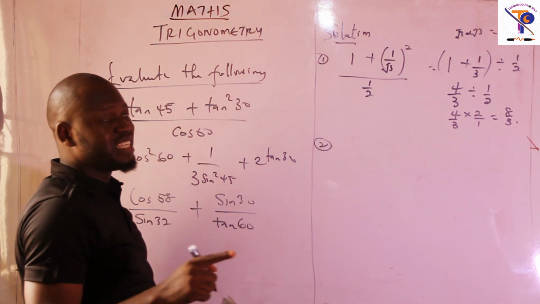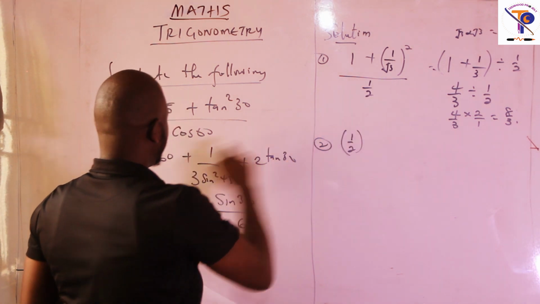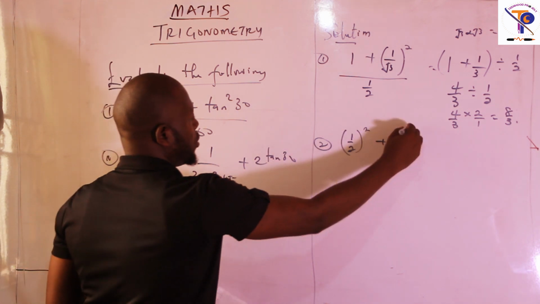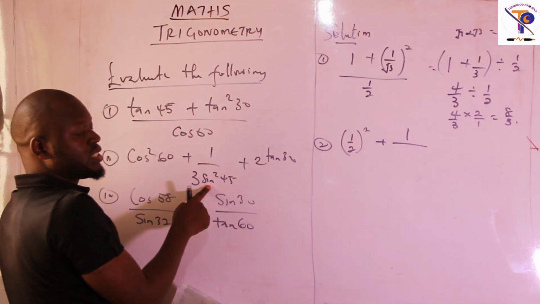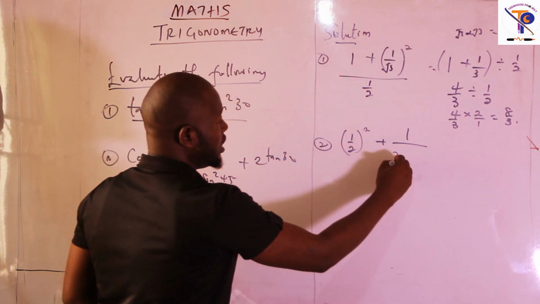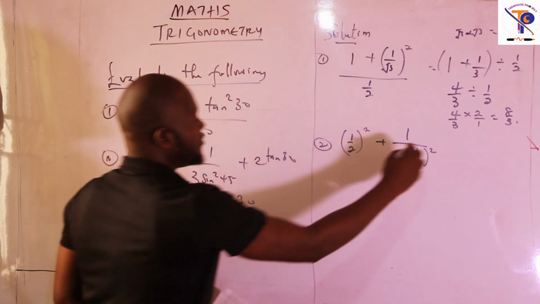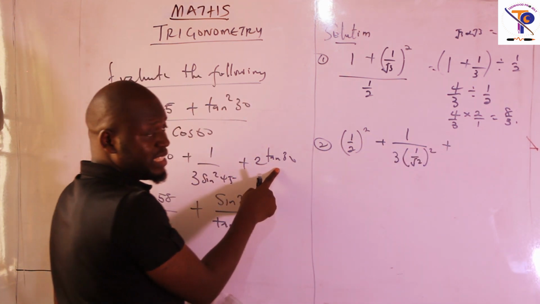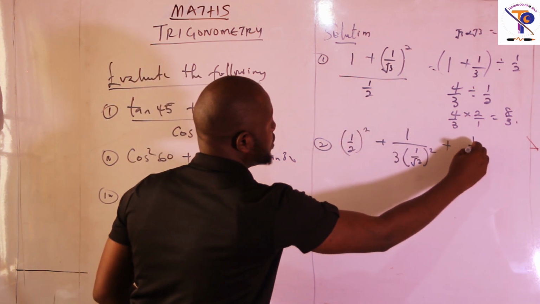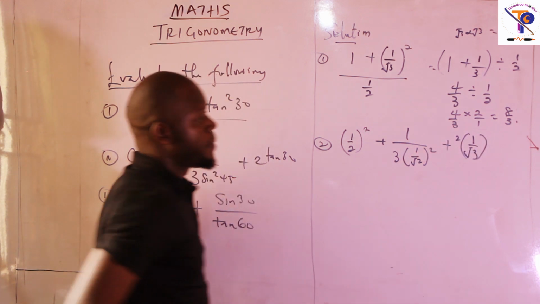Cos 60 is 1 over 2. I said it the other time. Then we have the power on it, so we square this. Then plus 1 over 3, sine 45 is 1 over root 2, so we have 3 into 1 over root 2 all squared. Then we have plus tan 30, which is 1 over root 3, we had it the other time, and it has 2, that means multiplied by 2.